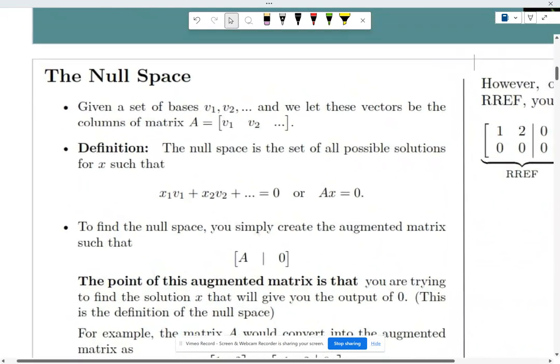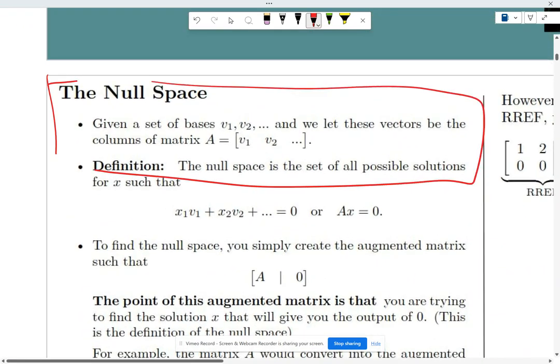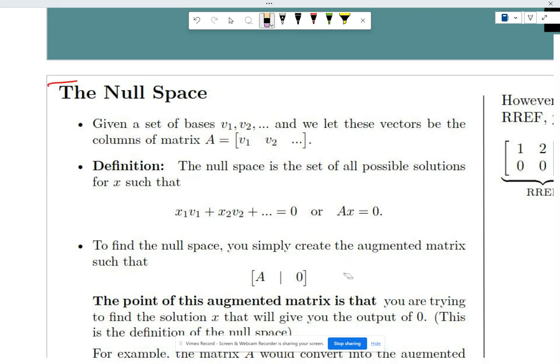Last time we were talking about the concept of null space. Given a set of bases, if you remember, a basis is basically a bunch of vectors, and by using these bases, it essentially spans a space.